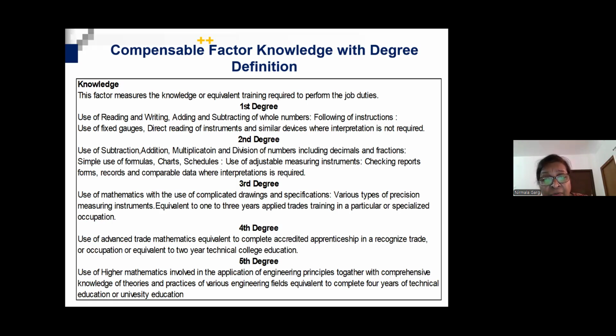Depending on the complexity of the organization, I'll look at the lowest job and the highest job, and look at the intensity of knowledge required for a lower job and a higher job. That's called degree of differentiation: the intensity of that factor required for jobs. And how will you determine the number of degrees? Based on the lower job and higher job.